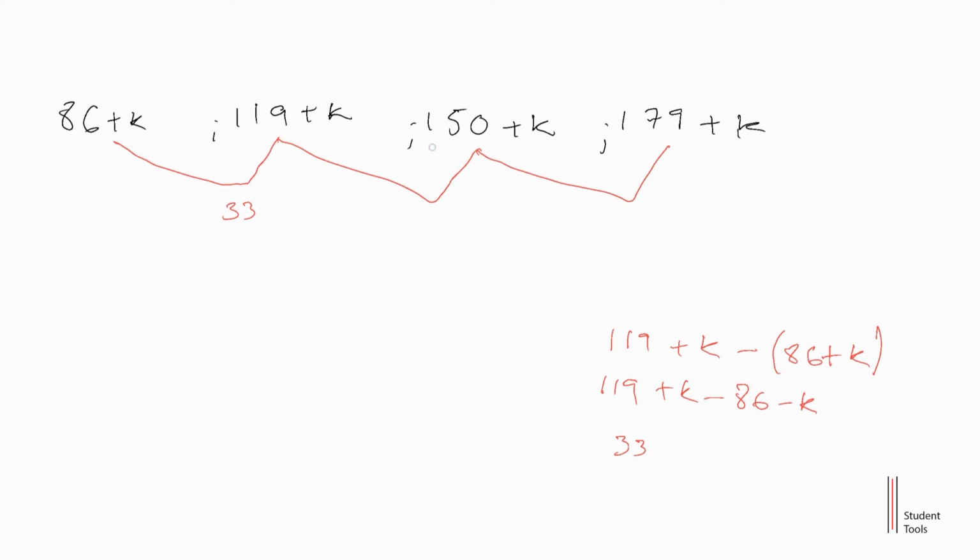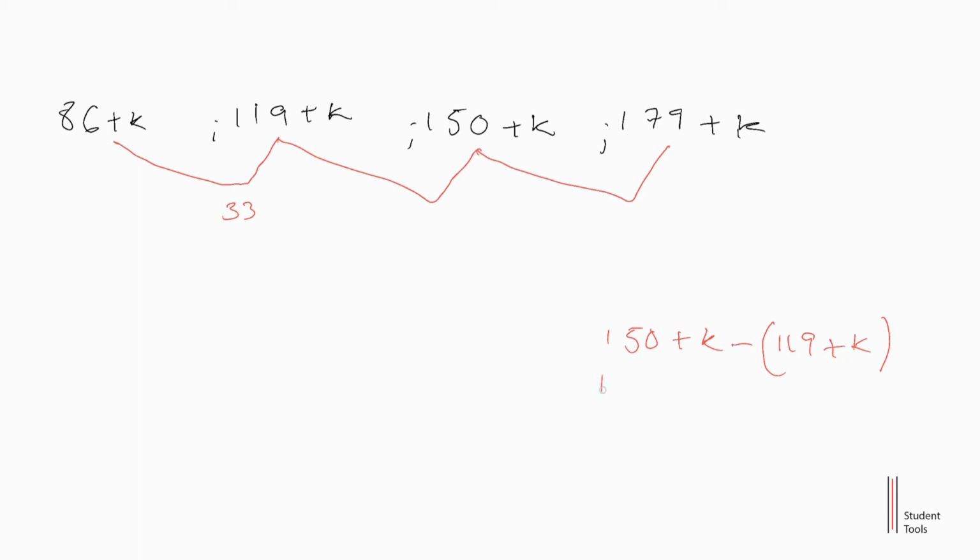And then next we have 150 plus k minus 119 plus k. 150 plus k minus 119 plus k. This is in brackets because we are subtracting all of it.